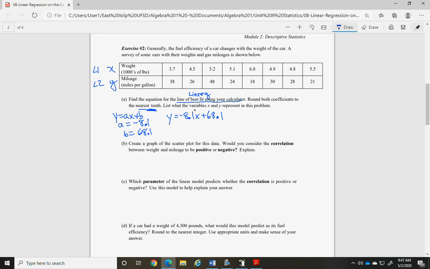It also asks us to list what variables x and y represent in the situation. So we let x equal the weight of a car, in thousands of pounds, and y represents the mileage per gallon.